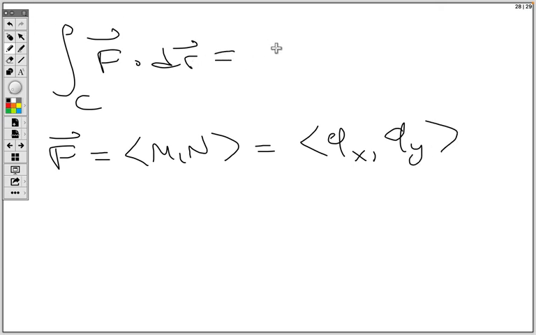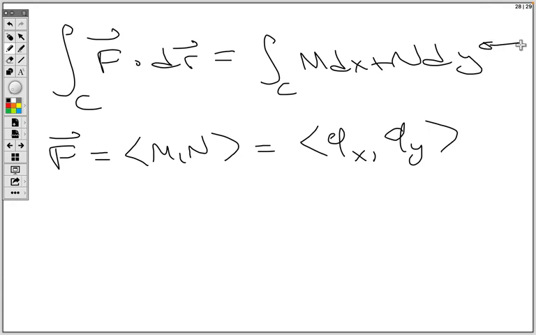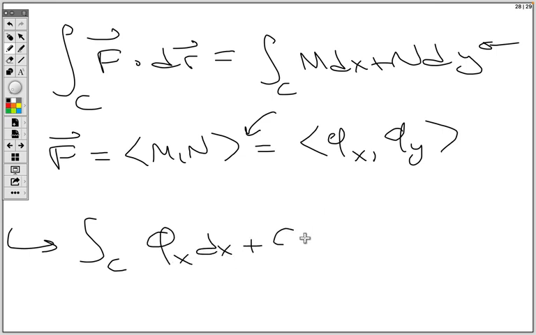Then we've already seen we could look at this integral as an m dx plus an n dy. So we talked about that at the end of yesterday's lesson. But if f is conservative, then m is phi x, n is phi y. So this is equal to the integral of phi x dx plus phi y dy.